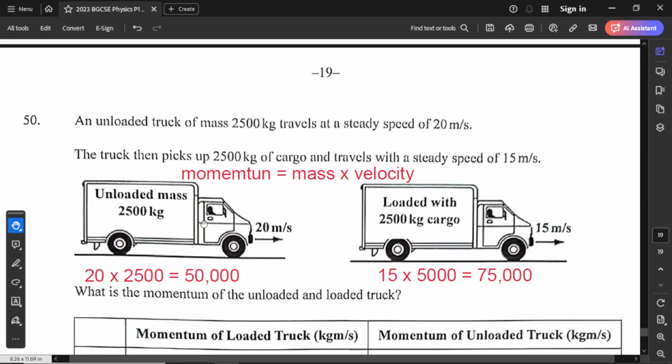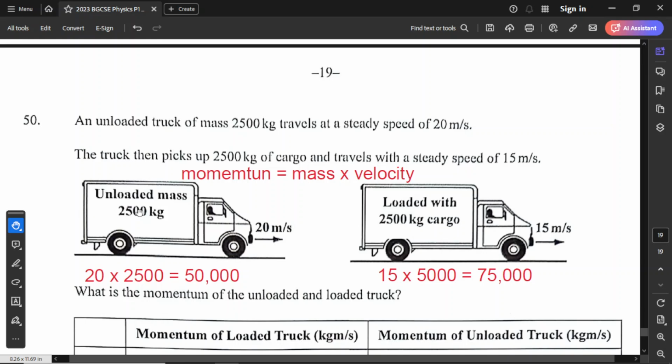The last question is an unloaded truck of mass 2,500 kg travels at a steady speed of 20 meters per second. The truck then picks up 2,500 kg of cargo and travels with a steady speed of 15 meters per second. What is the momentum of the unloaded and loaded truck? Remember that momentum is equal to mass times velocity.